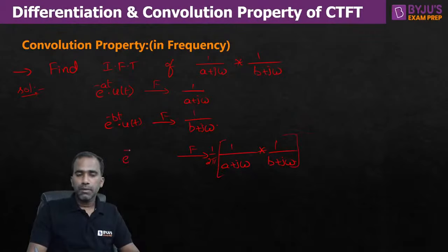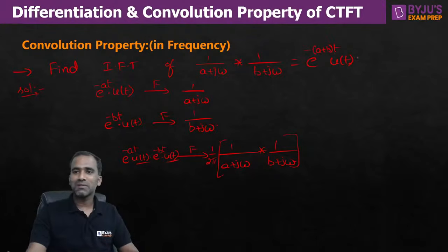Just multiplication: e power minus at into u of t multiplied with e power minus bt into u of t. See this? Now, what is the result for this? It is e power minus at into u of t into e power minus bt into u of t. u of t into u of t is u of t only. Next, e power minus at into e power minus bt is e power minus of (a plus b) into t.